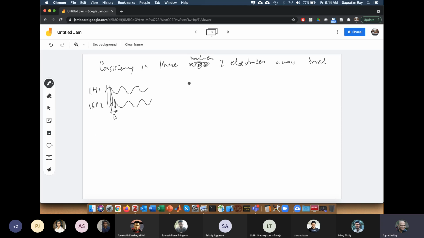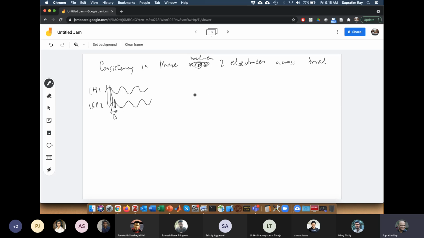I want to know whether, if I look at these signals in a different trial, I will have a similar phase consistency, which means that in another trial also, the two sinusoids will be shifted in the same way or not. That's what I want to find out.